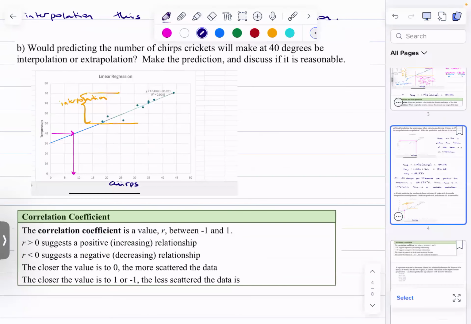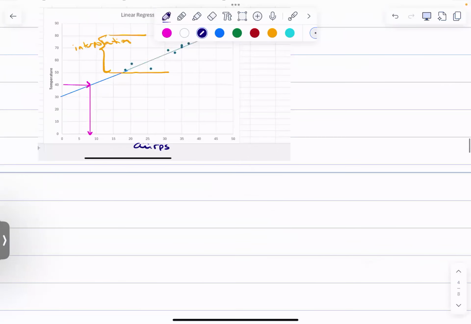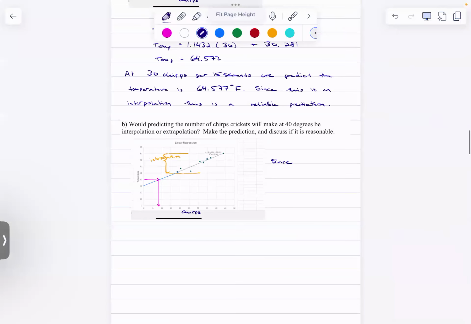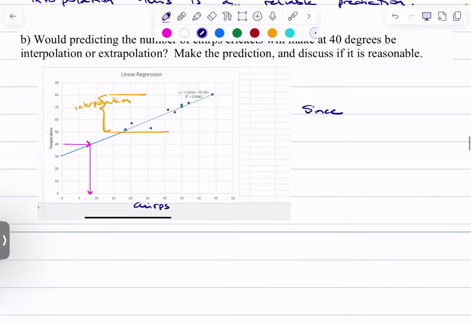And I'll make a new page. I'll say, since temperature of 40 degrees Fahrenheit is outside the range of our data, this would be an extrapolation.